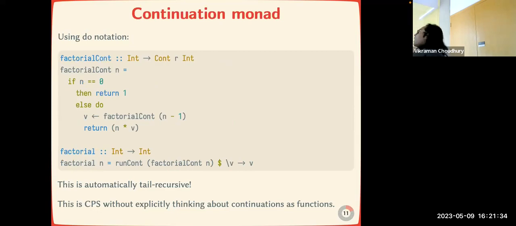If you start writing that function, you quickly realize that this is the only way to write it. Use Haskell and use do notation, and if you write this program, it's automatically tail recursive. You never have to think about control flow and all this. So the continuation monad is a very powerful abstraction. It takes away this view of thinking of continuations as functions. Instead, you think about writing programs in the continuation monad like this.